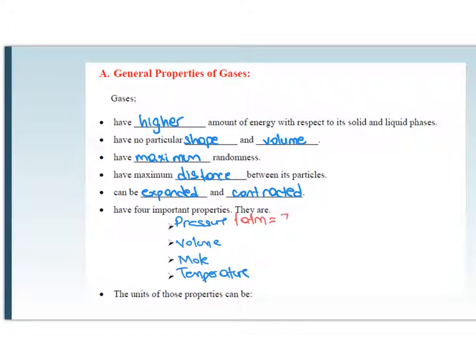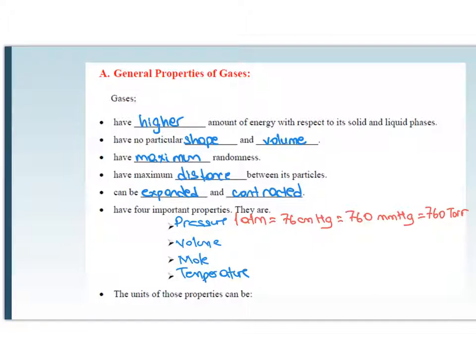We have centimeter mercury, where 1 atm is equal to 76 centimeter mercury, also equal to 760 millimeter mercury and also equal to 760 torr. We have other units like Pascal and bar, but we don't use them that much.